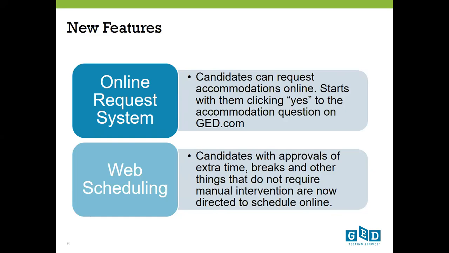Those candidates in their approval letter will be, again, just as they were before, given the number to call to schedule by phone instead of being able to go online. But many candidates just request the extra time or breaks, and those now are able to schedule online. So we think that's a great enhancement to our system, and we're really excited that that has happened.